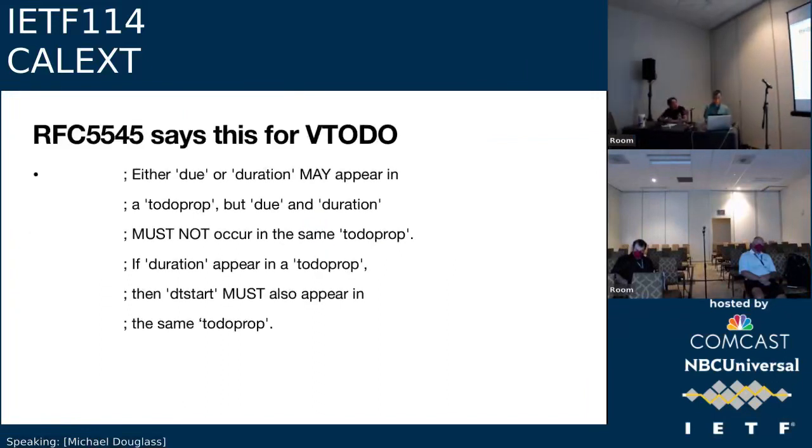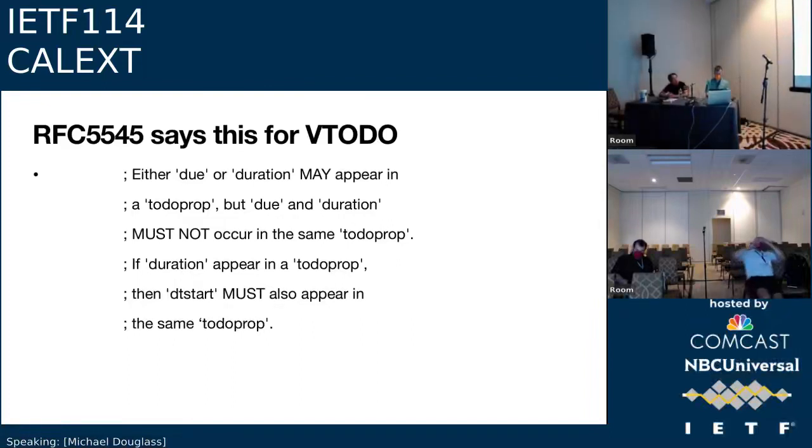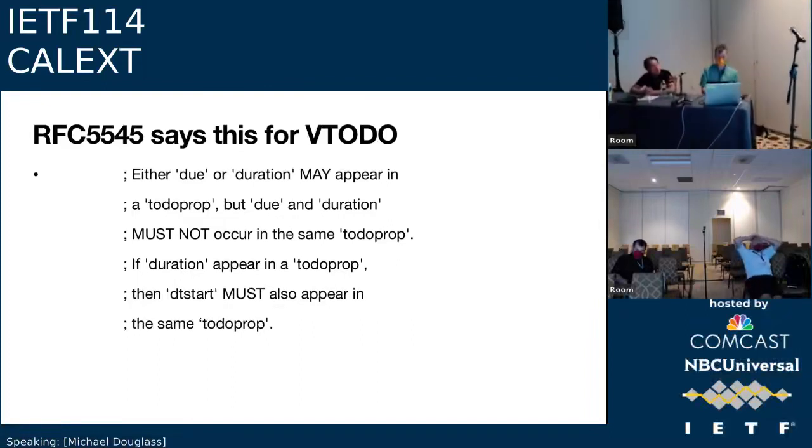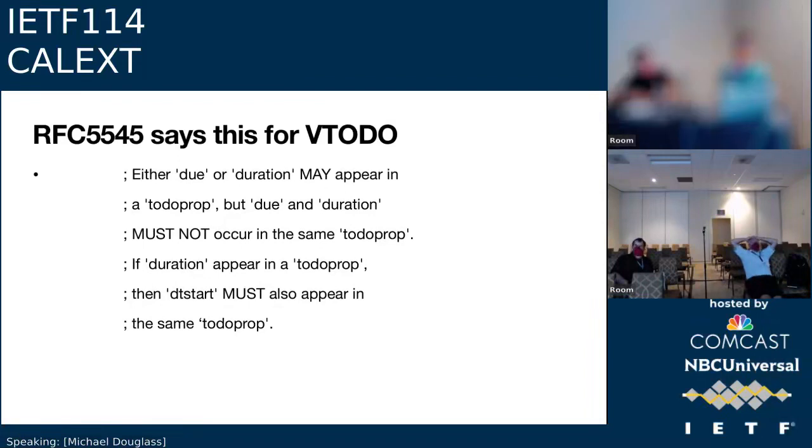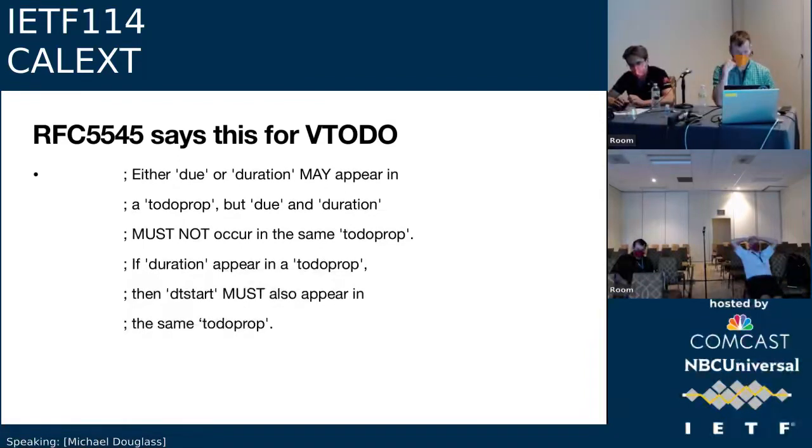This came up as part of discussions we were having about other possibilities for the tasks specification, and somebody pointed this out, and I hadn't even noticed this. So it says in RFC 5545, the VTODO explicitly disallows a duration on its own. I hadn't noticed this bit of text.